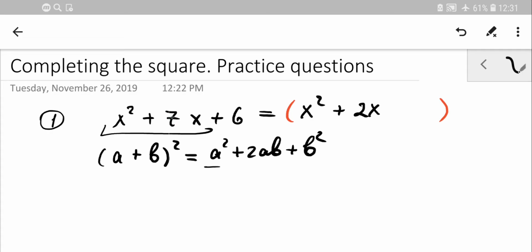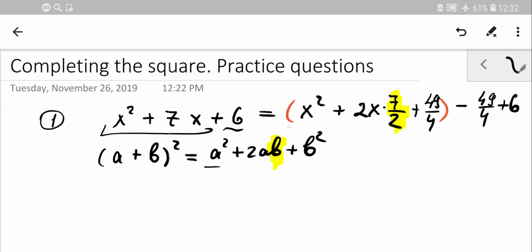We are looking for what to multiply by in order to arrive at 7x. Obviously, I need to have 2 in the bottom in order to cancel, and 7 on top in order to get to 7x. So that's why my b is 7 over 2. So I add 7 over 2 squared, which is 49 over 4, and I immediately subtract 49 over 4 and add the last term, plus 6.